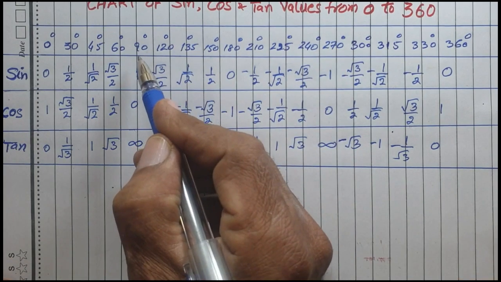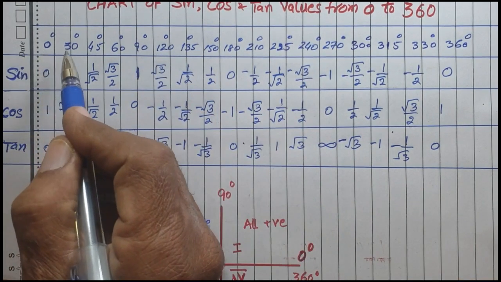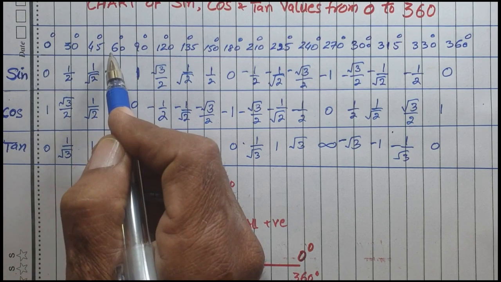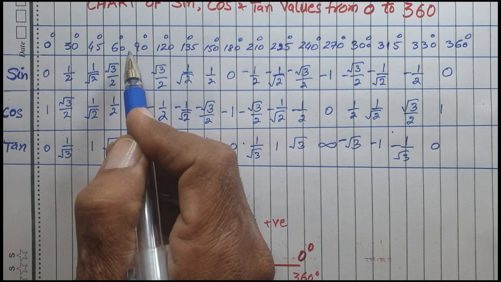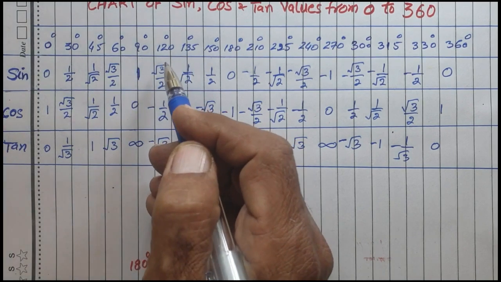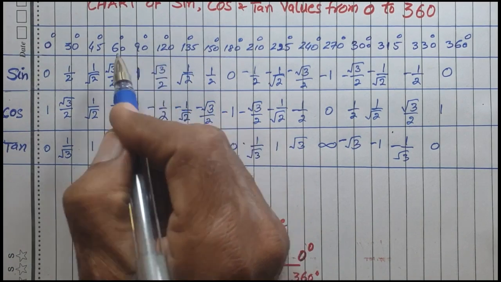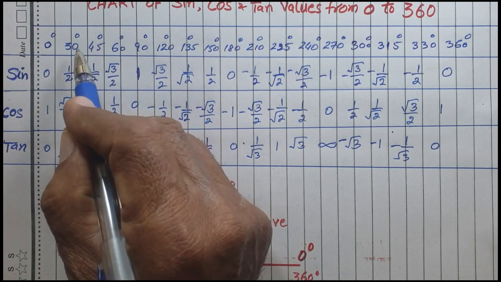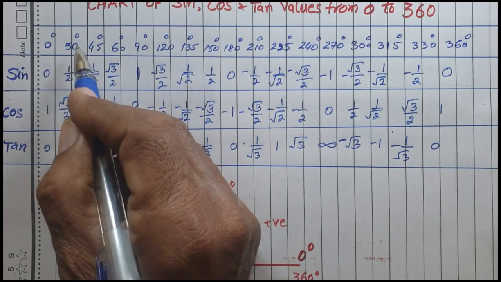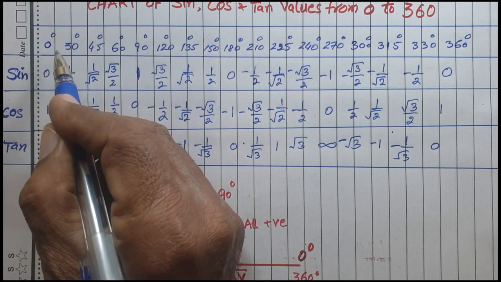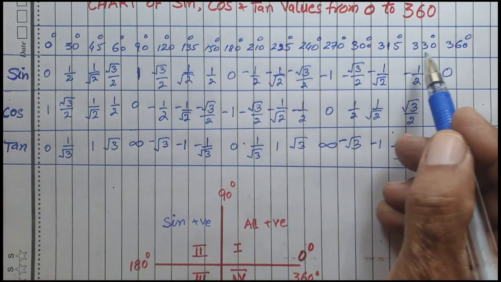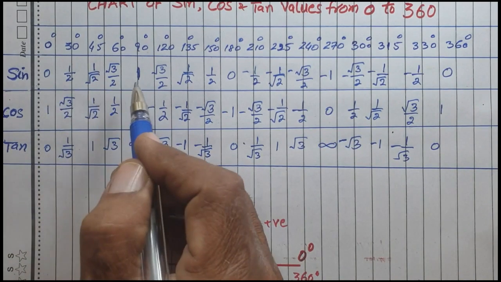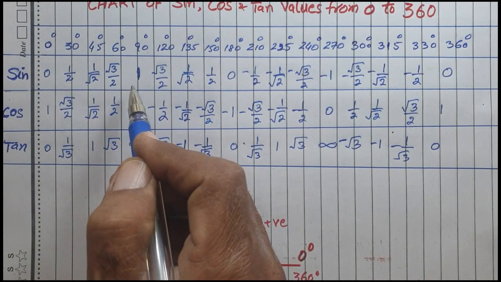First you add 30 degree, then 15 degree difference. Here is also 15 degree difference, and then 30. Meaning next you will write the angle at 30 degree, then 15 degree, then 15 degree, then 30 degree. In this way you can complete this chart.